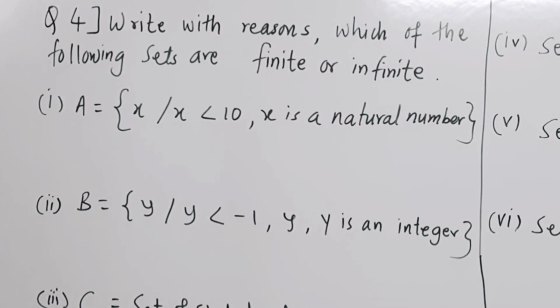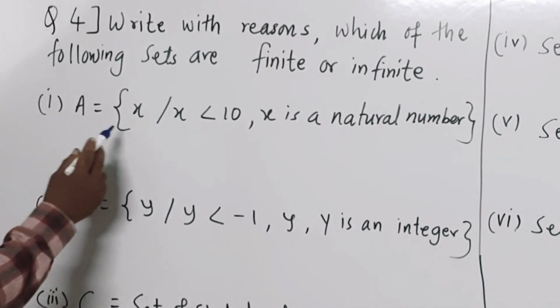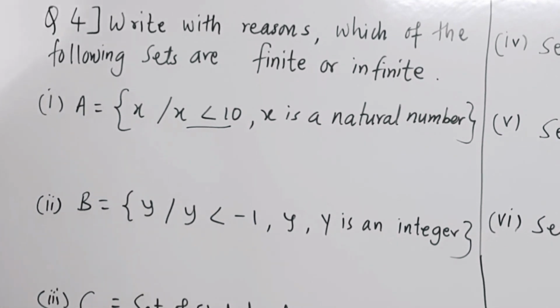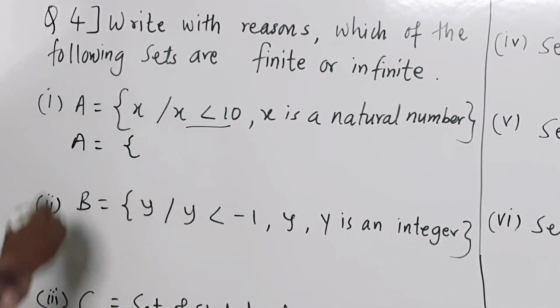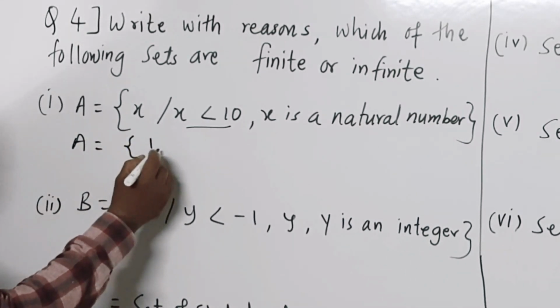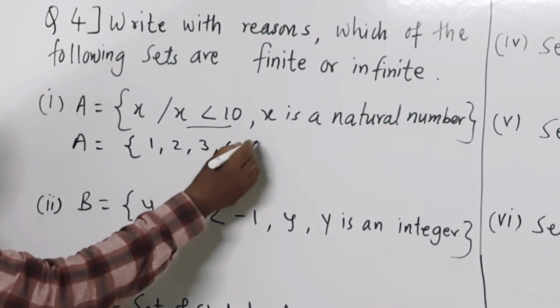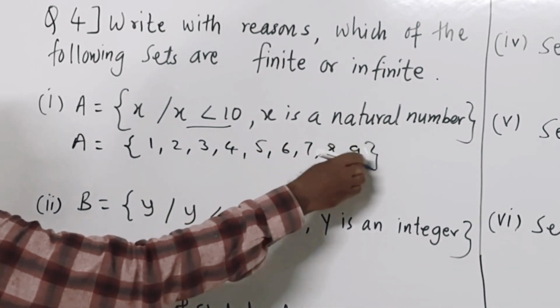Question number 4. Write with reasons which of the following sets are finite or infinite. Number 1, A is equal to the set of all x such that x is less than 10 and x is a natural number. So here x is a natural number less than 10: 1, 2, 3, 4, 5, 6, 7, 8 and 9.